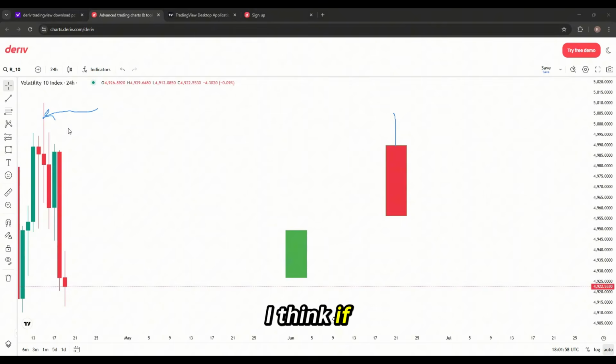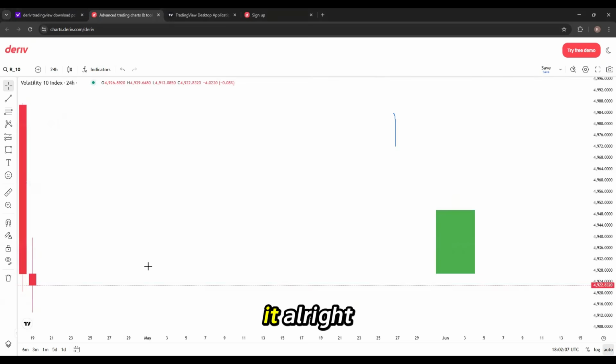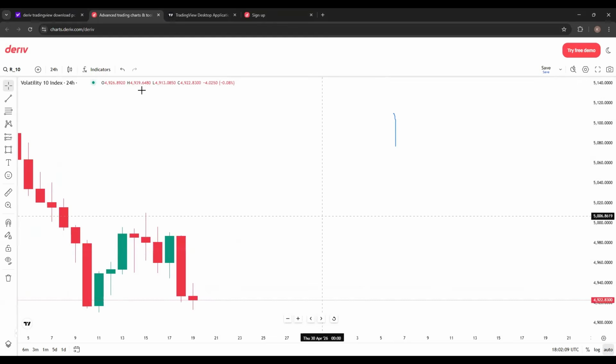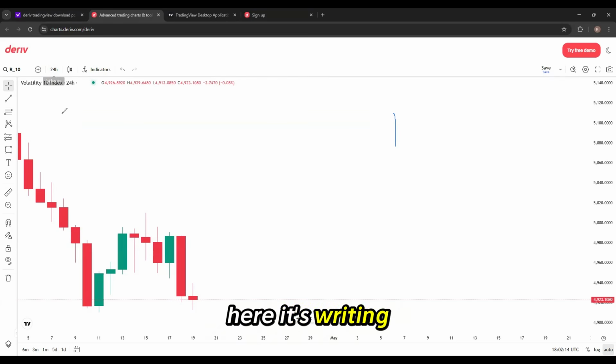I think if we do it on the actual chart, that's where you can actually understand it. This is a daily time frame. I think we can all see here it's writing 24-hour. This means it took 24 hours for one candlestick to open and close.